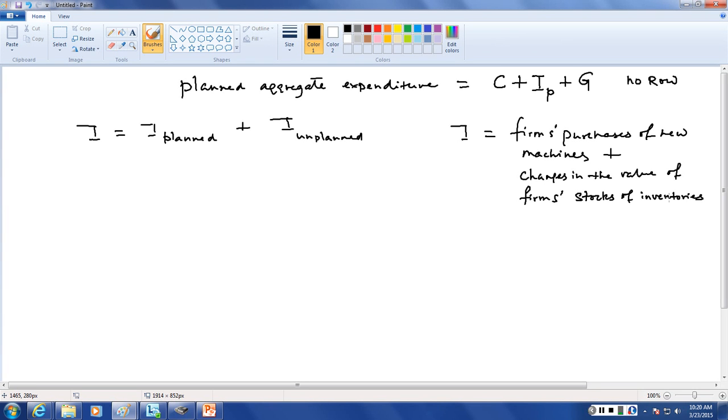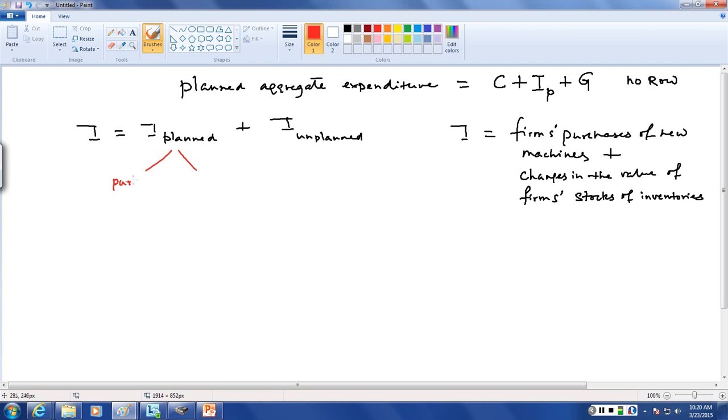Okay? So in my example here, the firm expects to sell more at Christmas time, and so it increases its stocks of inventories already. Would you call this planned or unplanned? Planned, correct? So this is an increase in firms' stocks of inventories in a planned way. So this would be part of I plan. So what does I plan consist of?